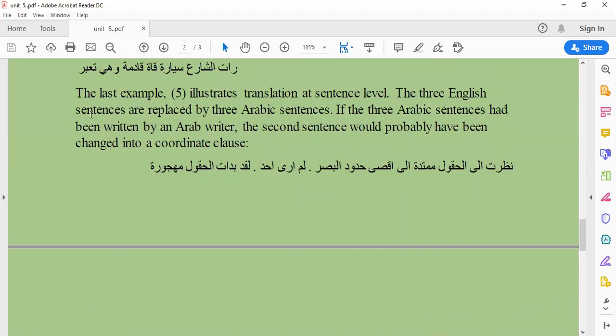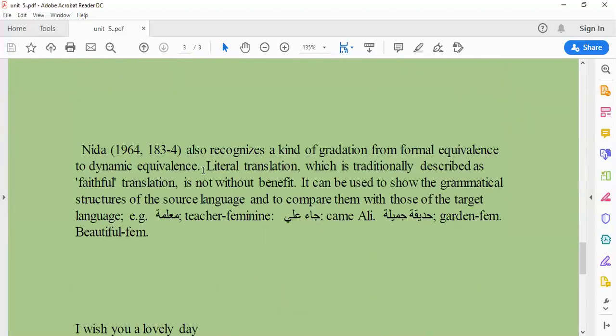The 3 English sentences are replaced by 3 Arabic sentences. If the 3 Arabic sentences had been written by an Arab writer, the second sentence would probably have been changed into a coordinate clause. نظرت إلى الحقول ممتدة إلى أقصى حدود البصر. لم أرى أحد. لقد بدأت الحقول مهجورة.